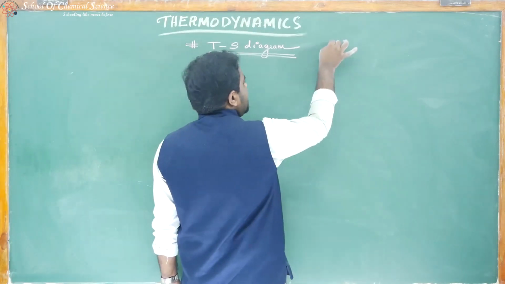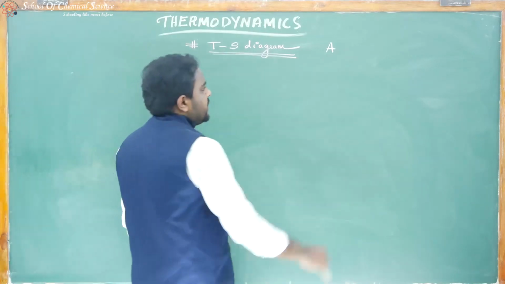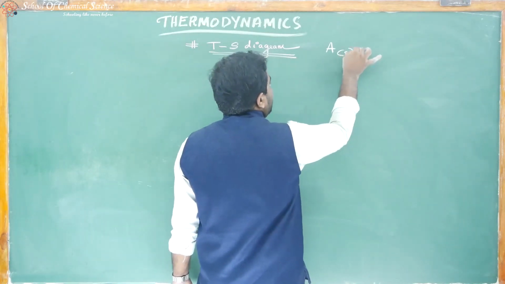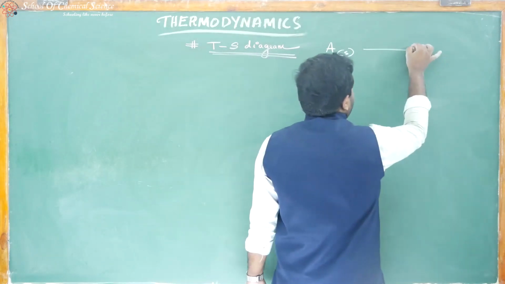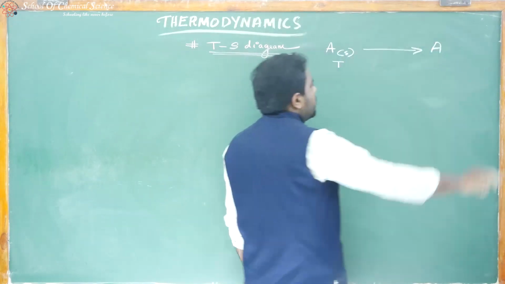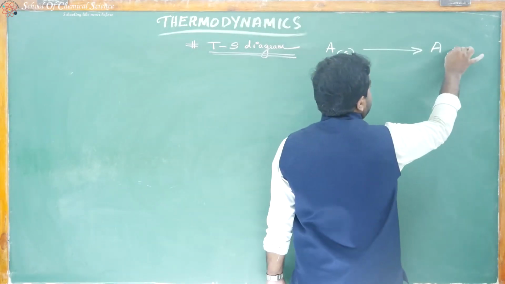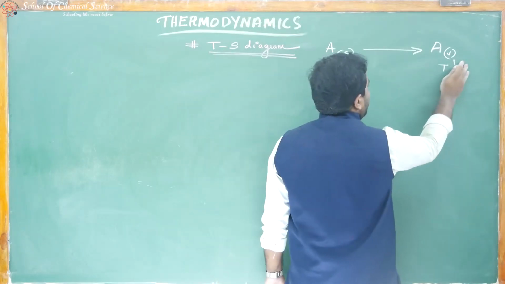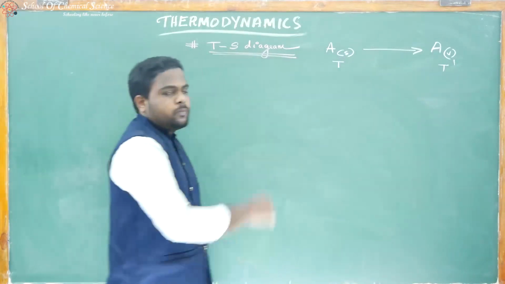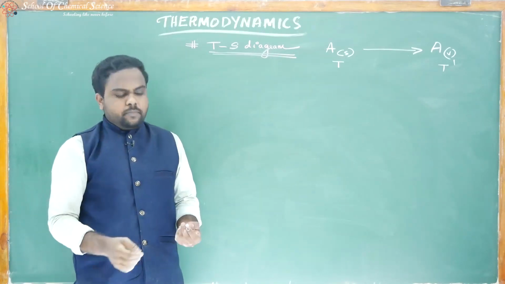Suppose a substance A is a solid at a temperature T, converting into the same substance A in the vapor state at temperature T dash. You have to plot the TS diagram of this process. It is an irreversible process passing through several steps.